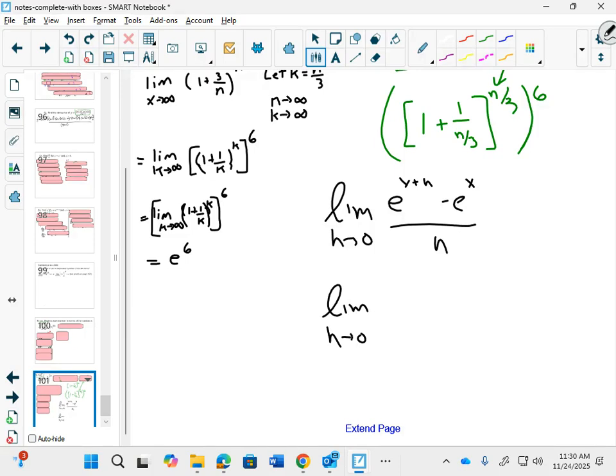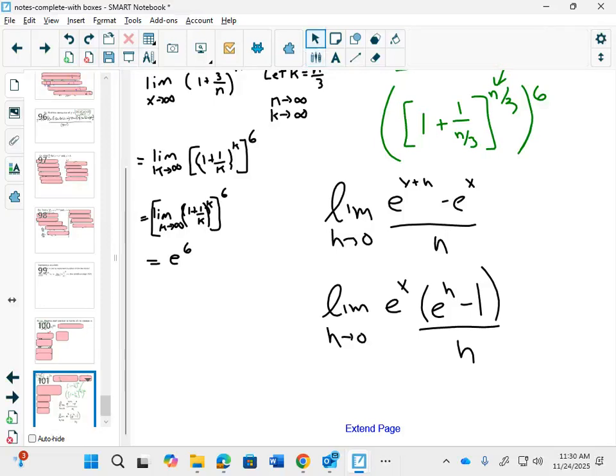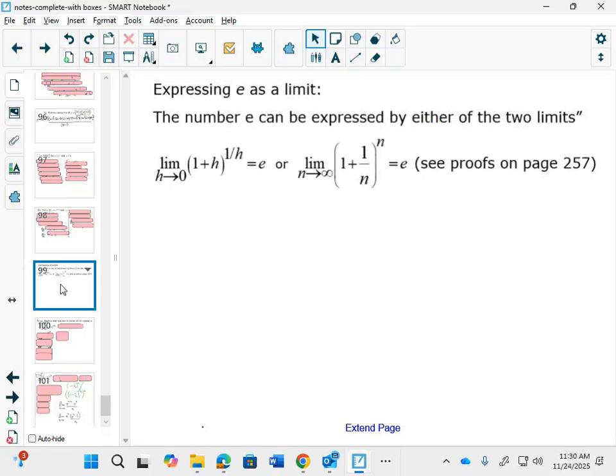So what I could do is factor out the e to the x on the top, and I would have e to the h minus 1 over h. And try to figure out how I can go about manipulating this to get this form of the equation. But it's not easy to do.